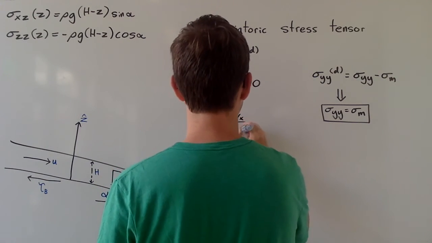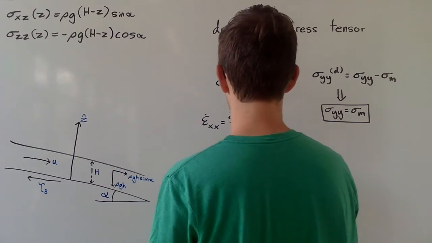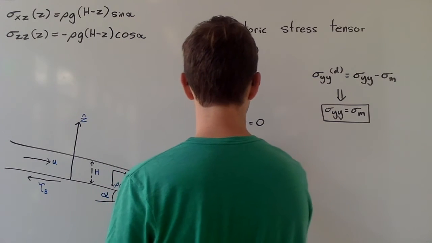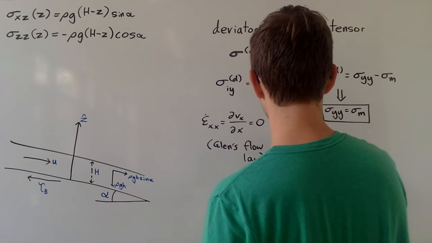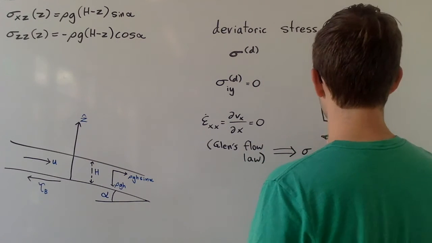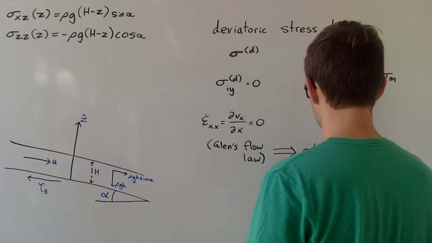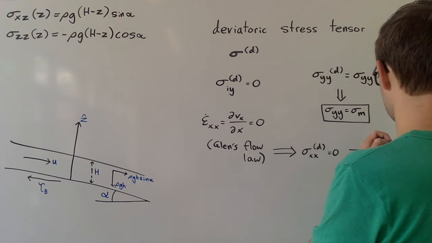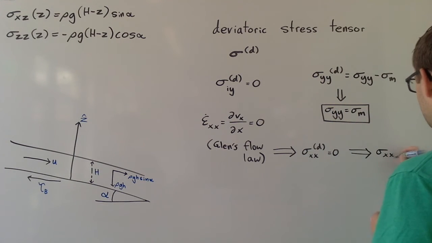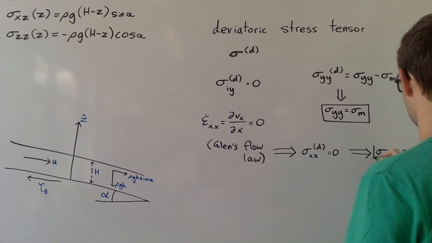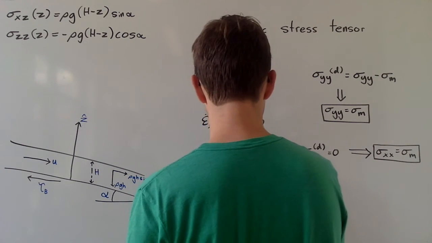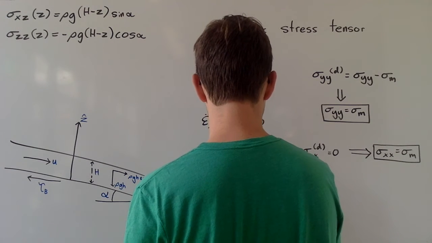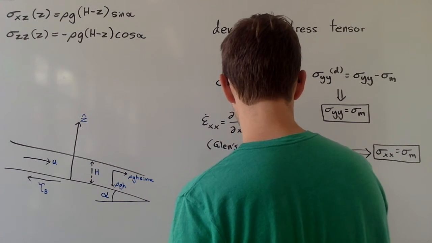Also, by definition of the deviatoric stress tensor, the diagonal components, sigma xxD, sigma yyD and sigma zzD, are equal to their equivalent components in the regular stress tensor minus the mean stress. From this definition, and from the fact that, for example, sigma yyD is equal to 0, we can get that sigma yy is equal to sigma m.